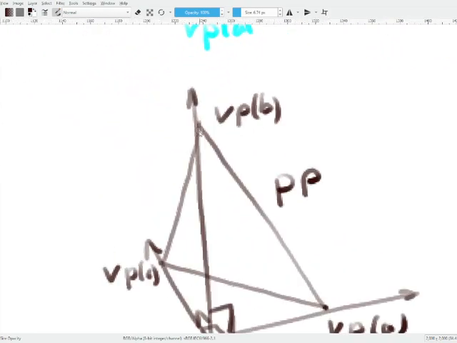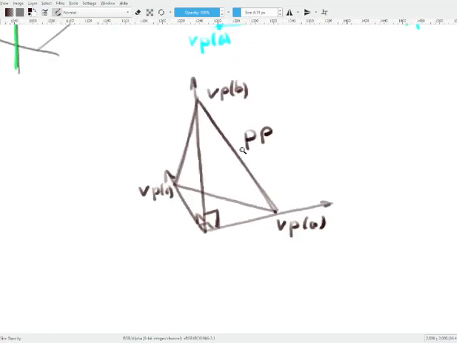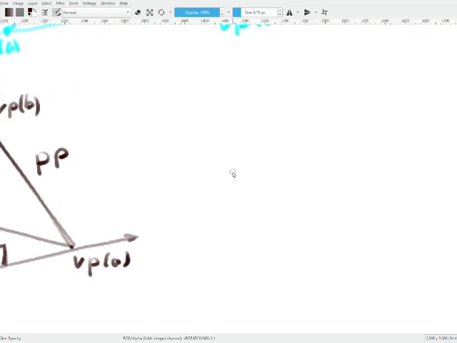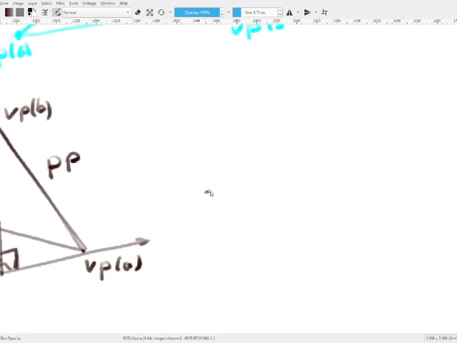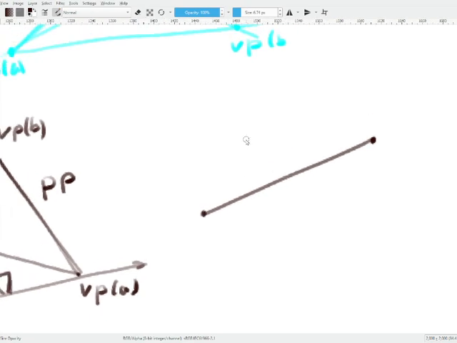And then to find out the relationship between the viewing direction and all this construction, you have to recall the following fact. If you have some segment, then you can consider all points from which you can look at this segment at a right angle.